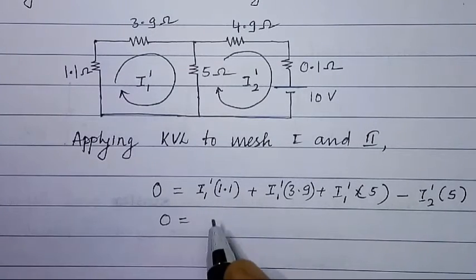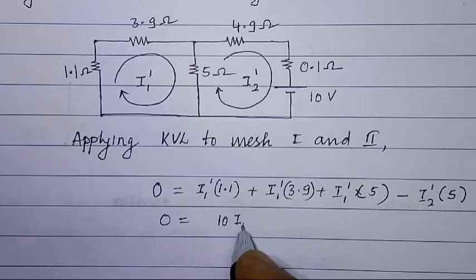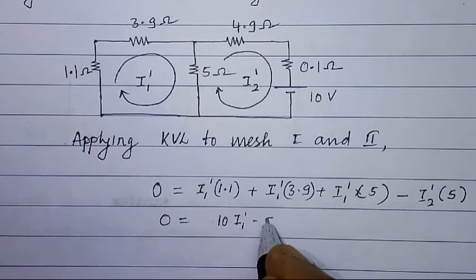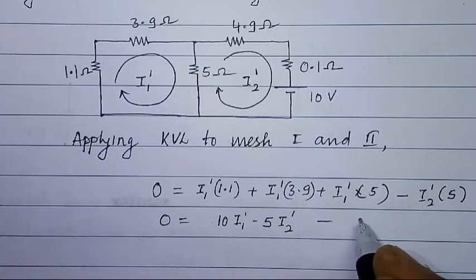Simplifying we get 10 times I1 dash minus 5 times I2 dash, and let us call this as equation 1.